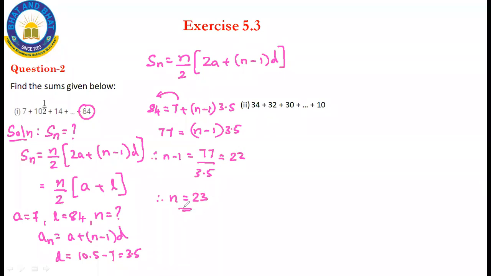So once I know n, I can easily write what is Sn. Sn is 23 divided by 2 into a plus l. a is 7, l is 84. 23 divided by 2 into 84 plus 7, which is 91.